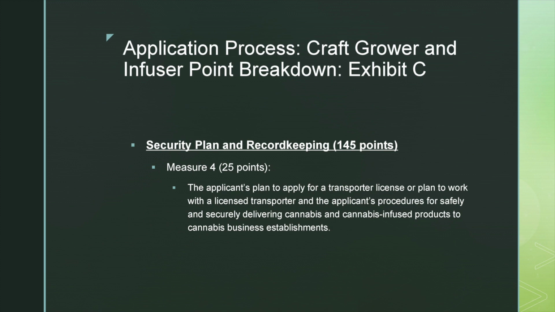Slide 23 talks about Measure 4, another 25 points. The applicant's plan to apply for a transporter license or plan to work with a licensed transporter and the applicant's procedures for safely and securely delivering cannabis and cannabis-infused products to cannabis business establishments.